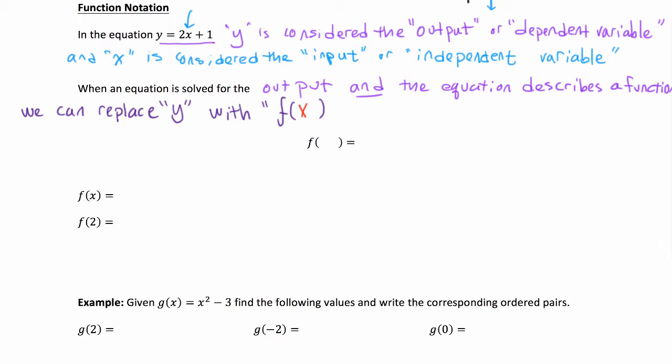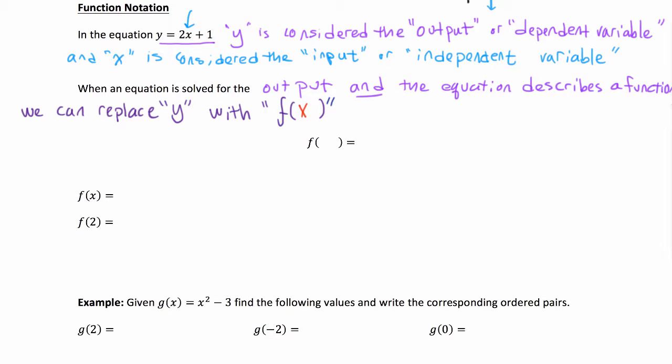And so what's happening here is I have this symbol that reads f of x, and that is just like y. It's telling me the output, but contained in that notation, it is telling me the name of my independent variable, my input variable.